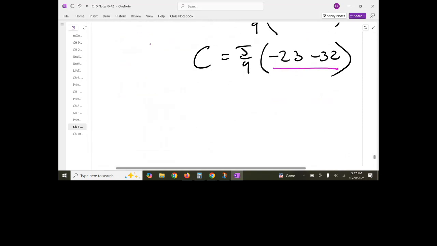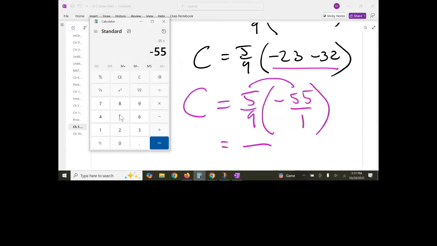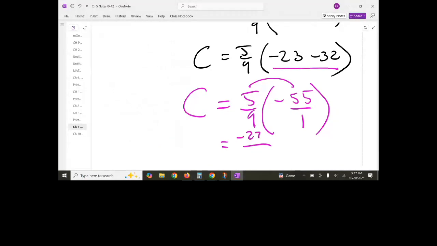So look, y'all, I'm going to come back here and go C equals 5/9 times negative 55. Y'all, I'm going to think about that as negative 55/1. Okay. And now I'm going to multiply. So I'm going to take my calculator again. Times 5. Negative 275. 9 times 1, y'all, is 9.